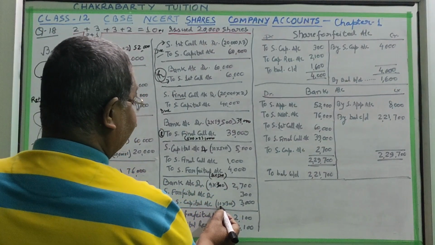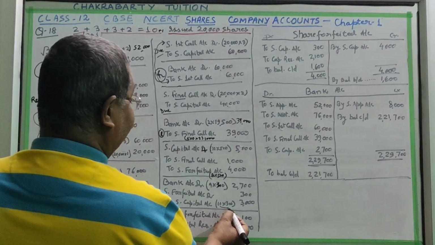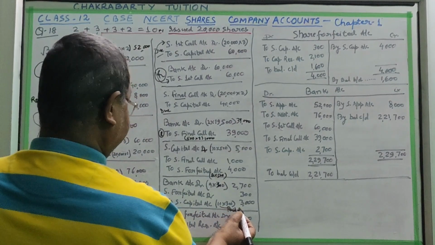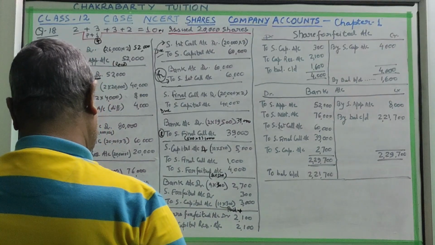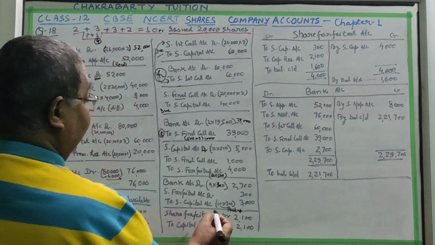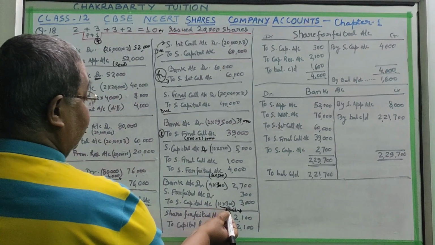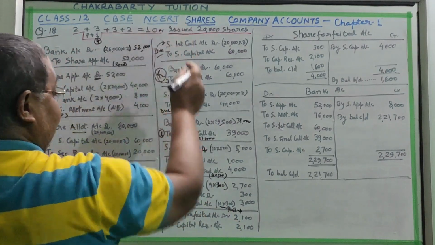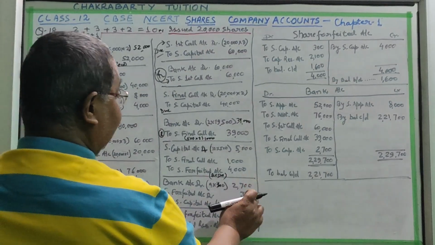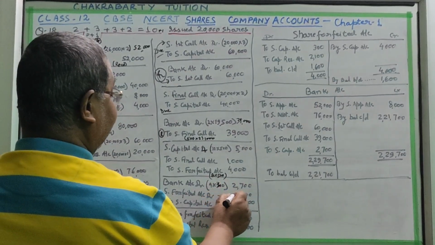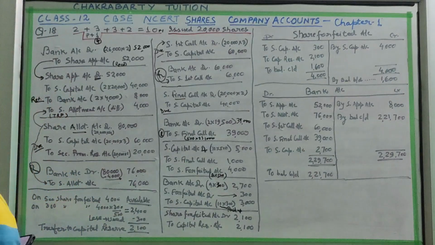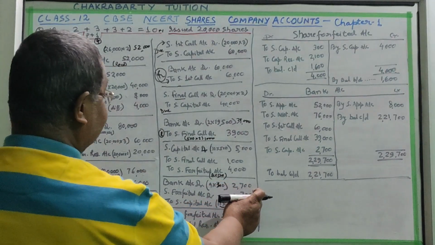Fully paid up means 10 rupees fully. 10 rupees share fully paid up is 10 into 300. So 3,000 will come. Now the difference we will recover from share forfeit account. Whatever is required we will take out from the share forfeit account.